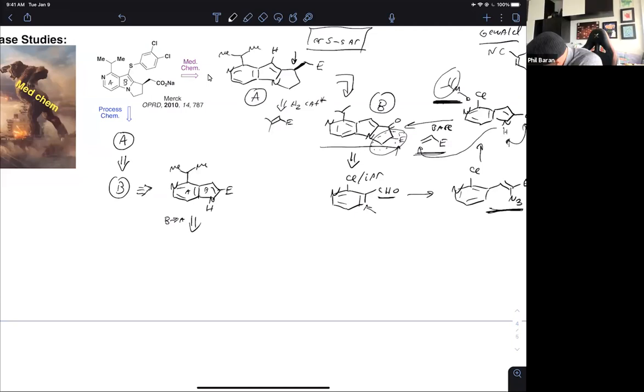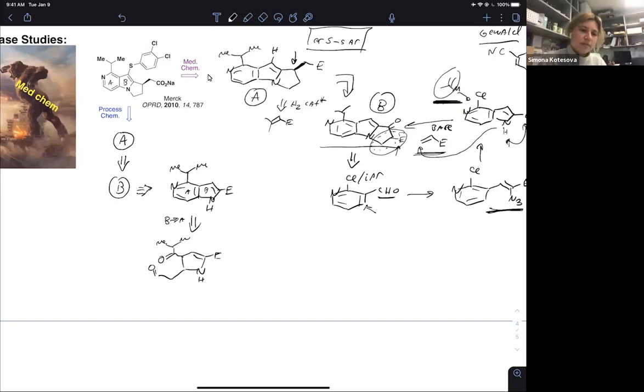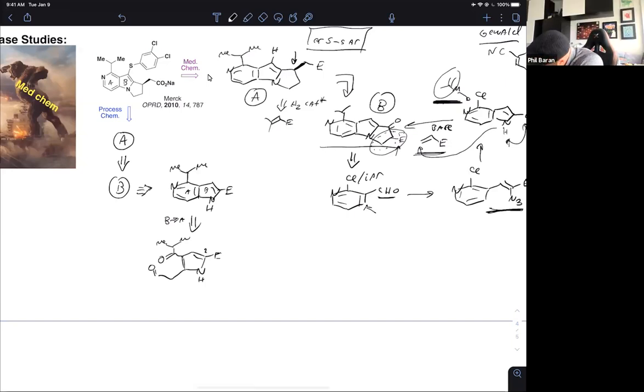Let's try 1,5-dicarbonyl and see where it leads us. Or well, that's 1,5-dicarbonyl, but it should give you a hint as to what we actually want to do.